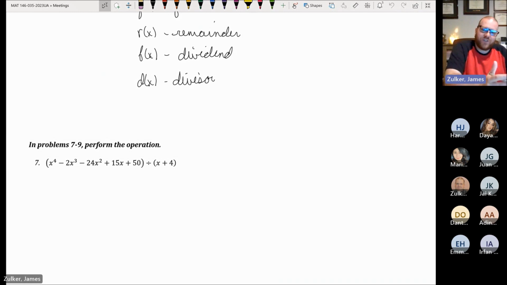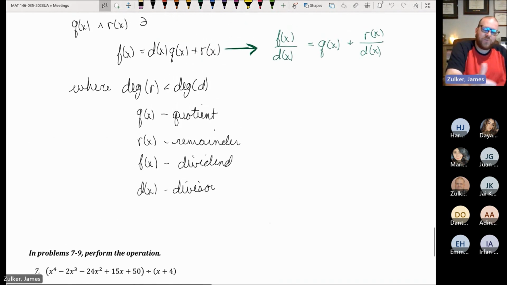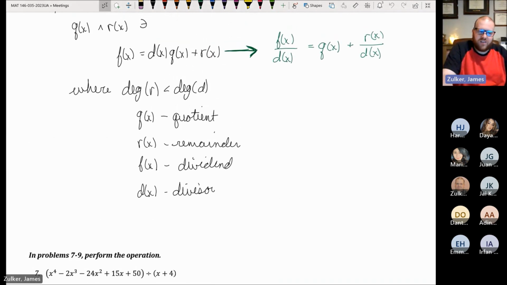So what this set of instructions is telling us to do is to use what I just wrote in green. Right, so we're going to write it as q of x plus r of x over the divisor. Right, so quotient plus remainder over divisor.